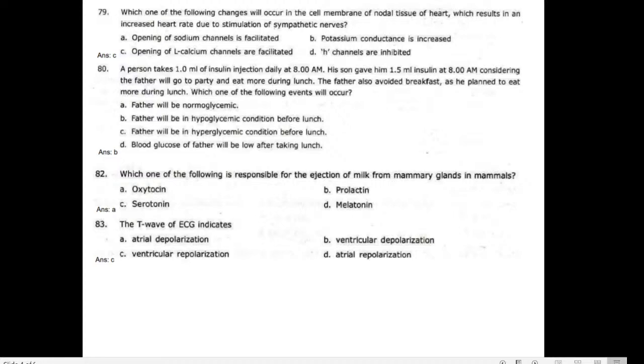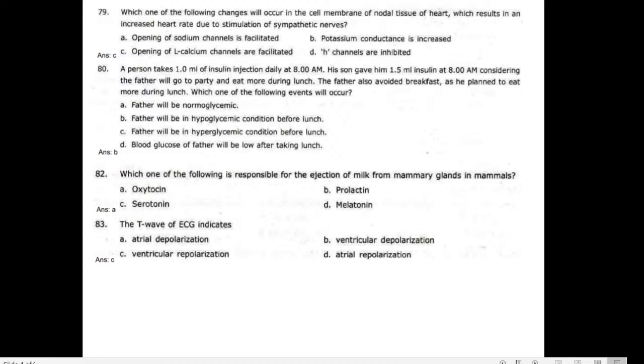The T waves of the ECG indicate the ventricle repolarization of the human heart. Here we have the different waves: P, Q, R, S and T waves.